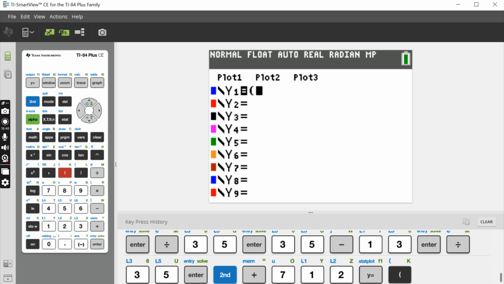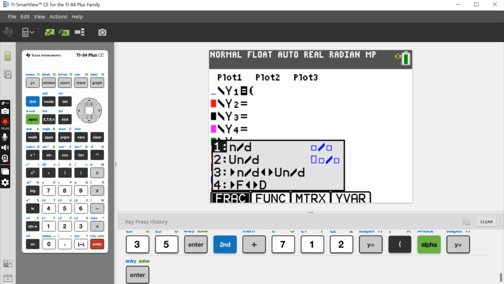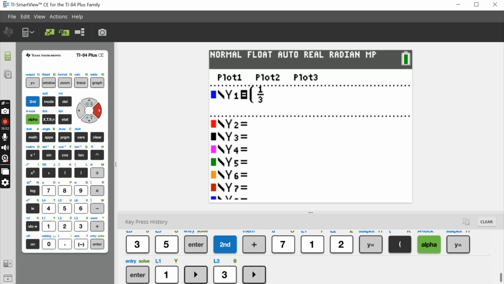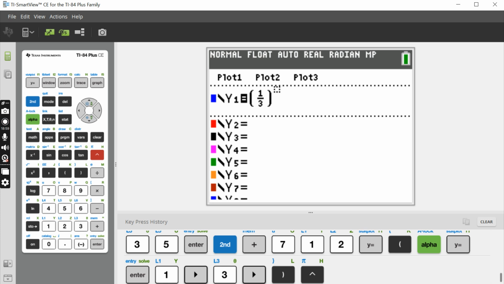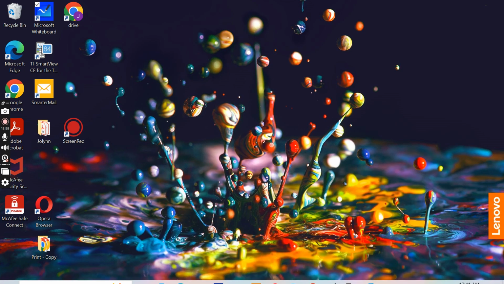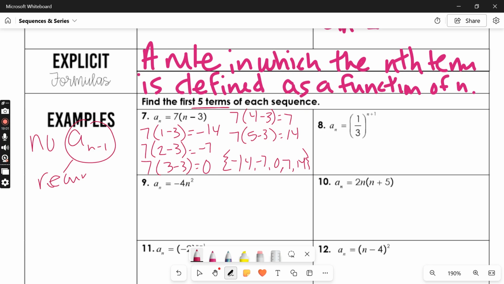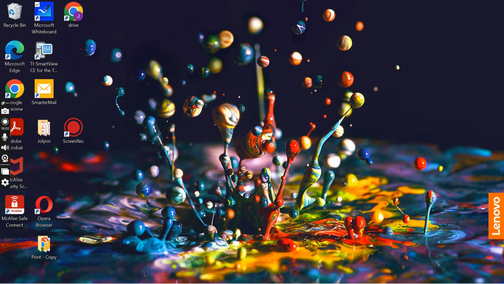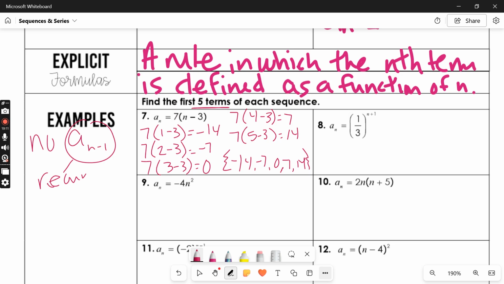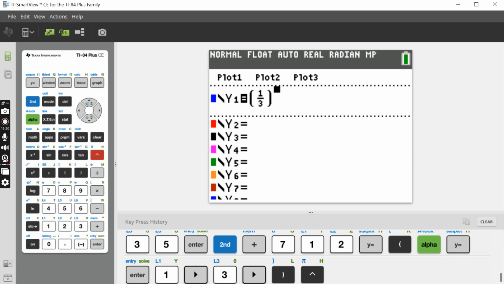Parentheses, 1/3, close parenthesis, caret, and then here it said n, is it plus 1 or minus 1? Plus 1. Okay, we're just going to put x and then plus 1.